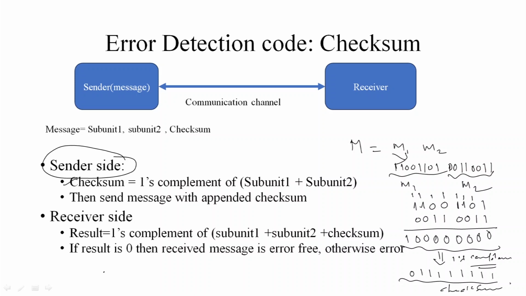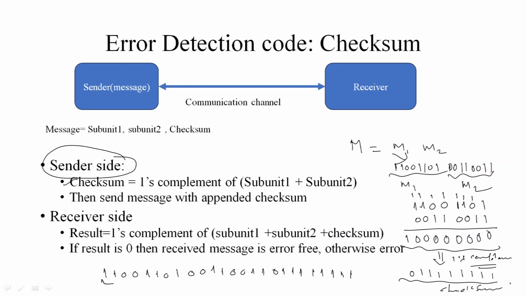Here the sender sends 1 1 0 0 1 1 0 1, which is the first chunk of the message, then the second chunk 0 0 1 1 0 0 1 1, and then appends the value of the checksum, 0 1 1 1 1 1 1 1 1.